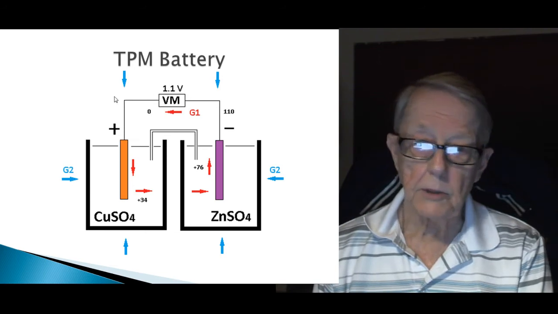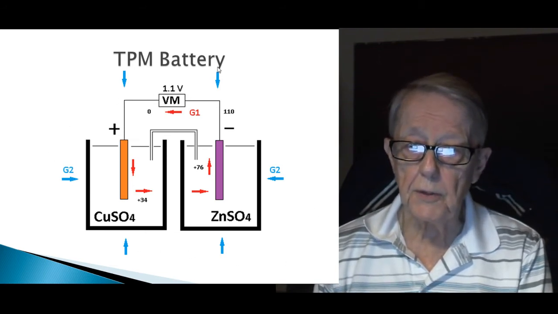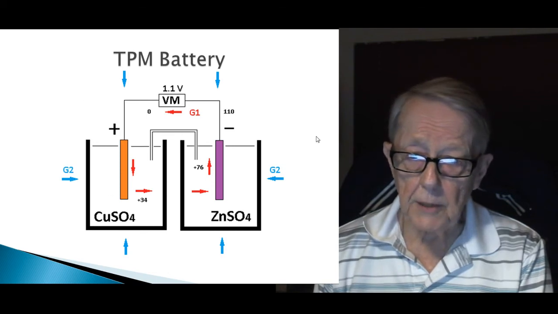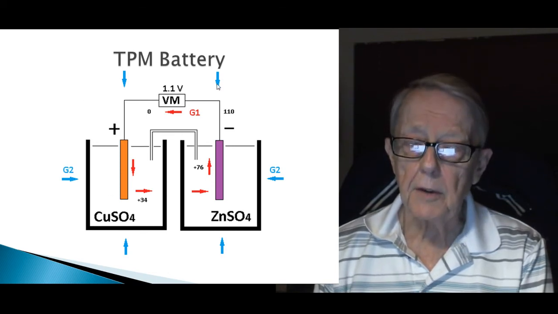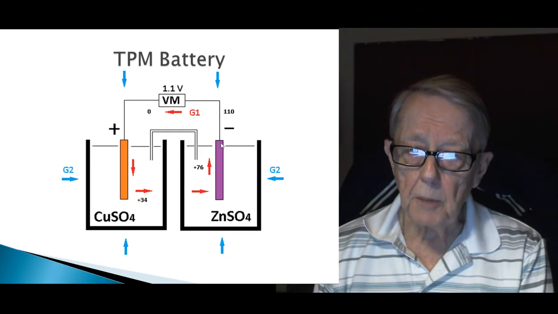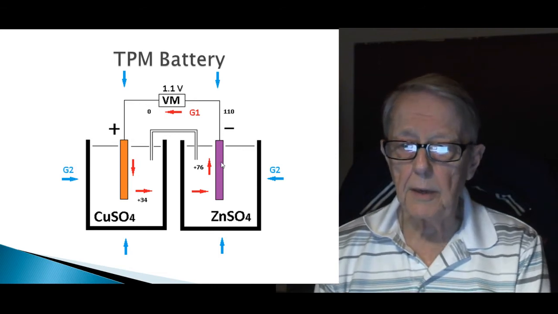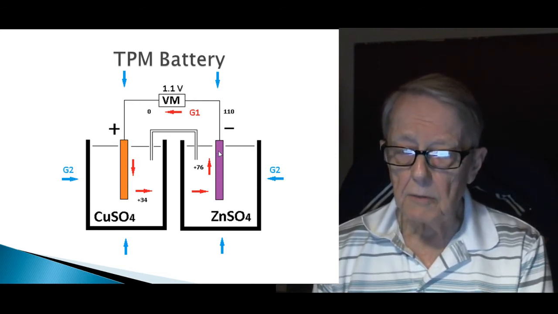So what you do is you look at that G2 force field, and in particular, you've got forces in all directions, but looking at the G2 particles coming this way, G2 particles coming this way, and as they pass through the wire and the electrode, you have scattering.